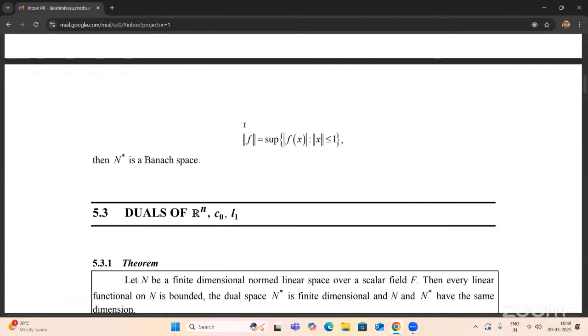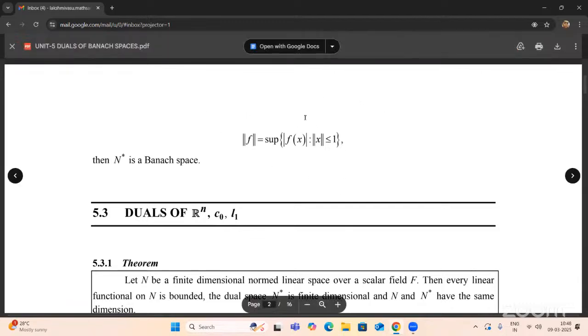Suppose in the examination it is asked: define the norm of a dual linear functional. The simple expression is: for any dual functional f, norm f equals the supremum of mod f of x, over norm x less than or equal to 1.